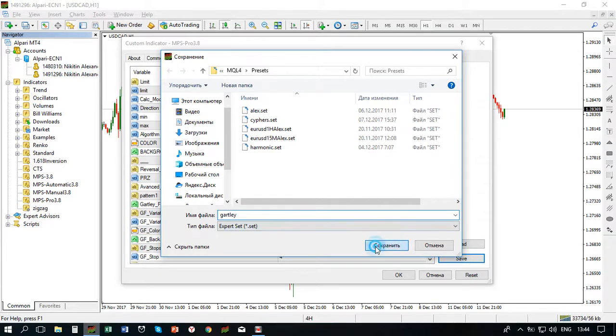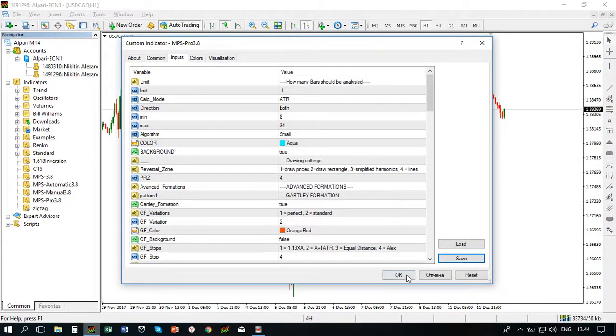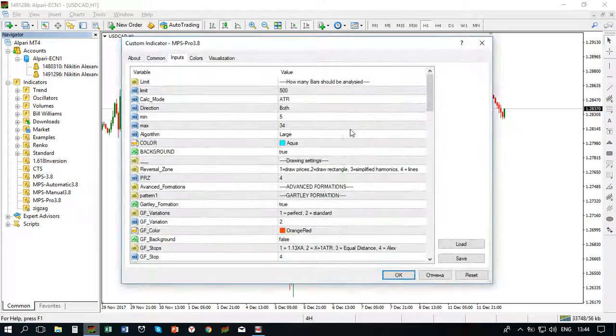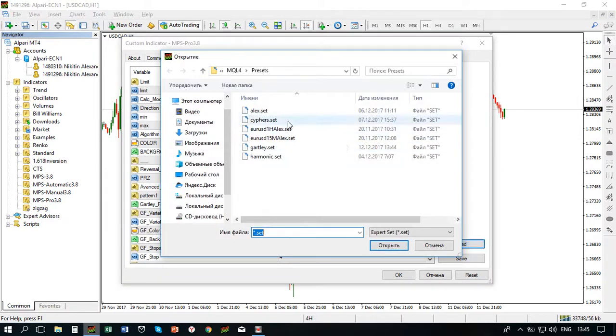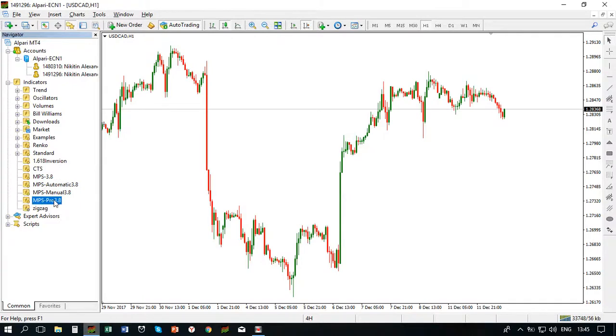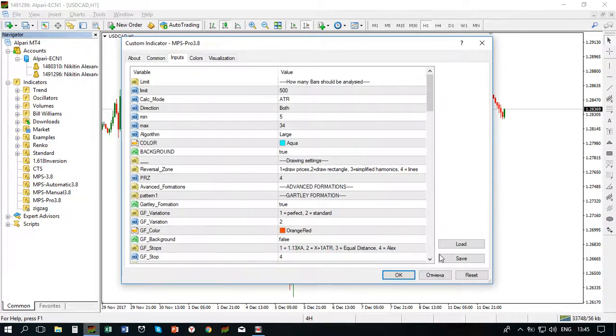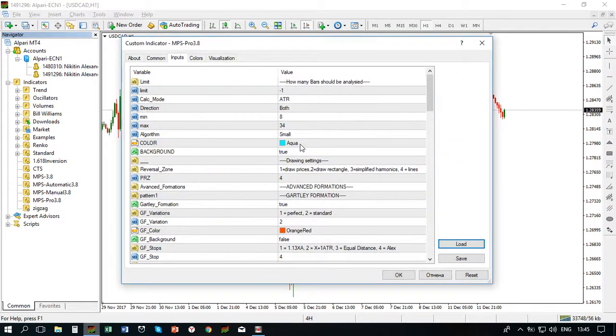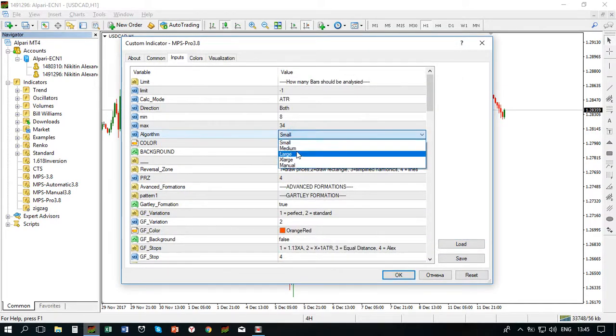Okay, let me save it and call it Gartley or whatever. We will do the backtest on history right now, and you will see the improvement of that. Let me load the Gartley. The only difference here will be that it was small, and now we need the medium swing identification algorithm. Okay, the same settings. Let me load the Gartley once again, and now it should show us large patterns.